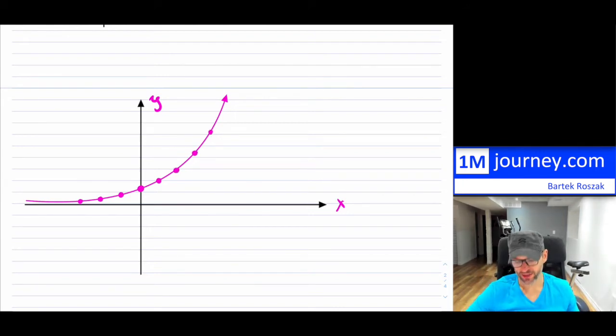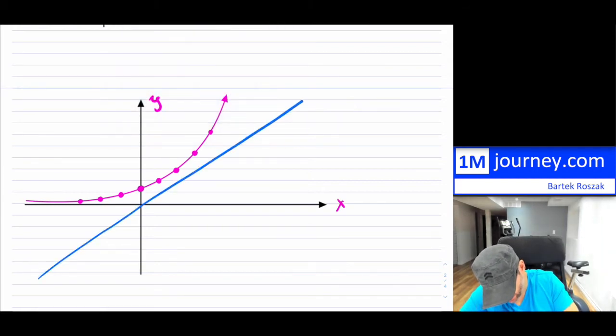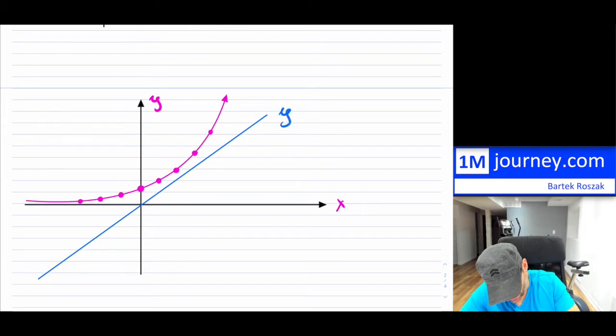Now, our interest is that we want to be able to find the inverse, which is basically a reflection in the y is equal to x line. Now, I don't know if I can do this in a really good way, but I'll give it a shot. Let's say this was our y is equal to x line, and we want to find the reflection of this.